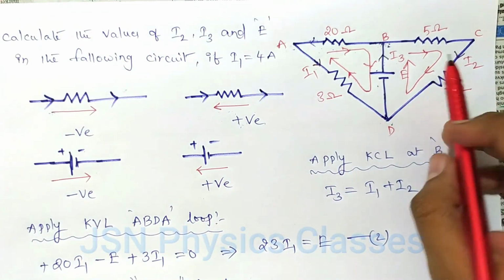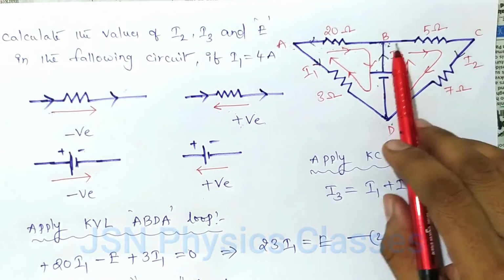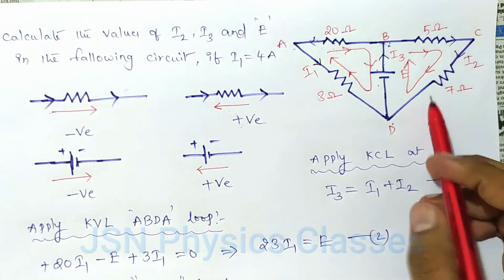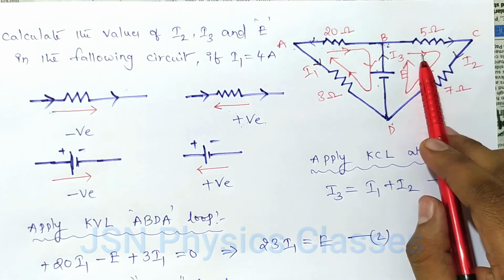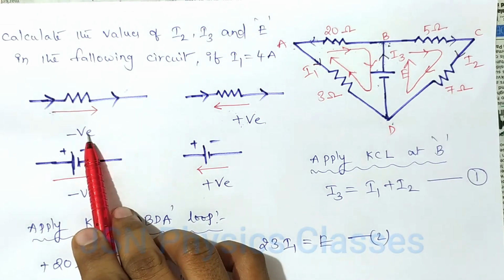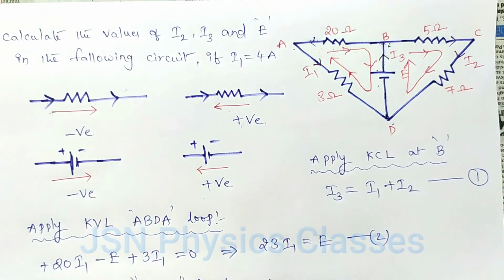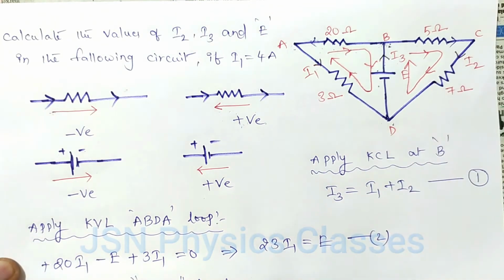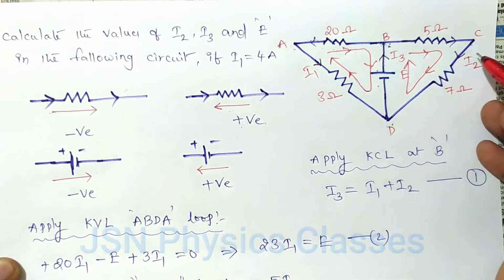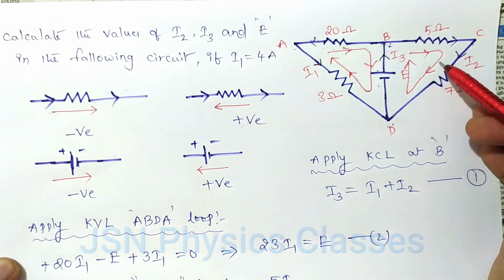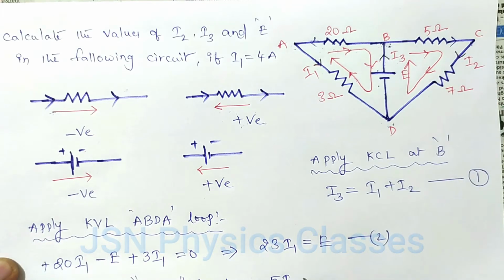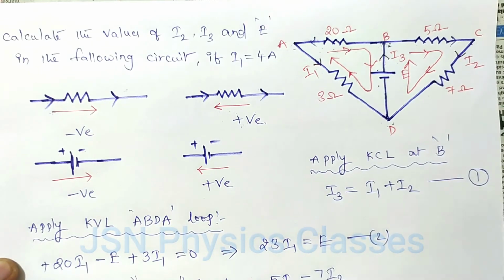For BC, the actual current I2 direction and the loop direction are the same, so take it as negative: minus 5 I2. From C to D, the actual current direction and loop direction are again the same, so negative: minus 7 I2.